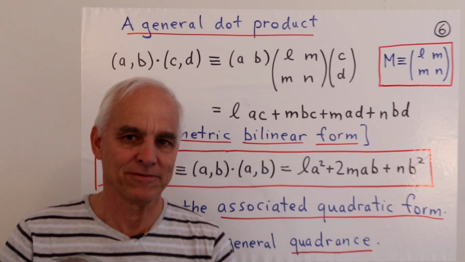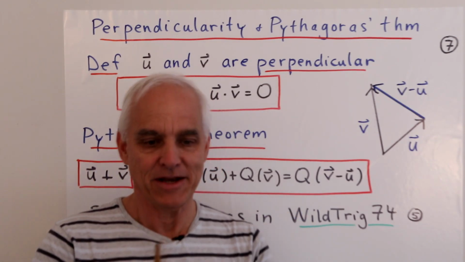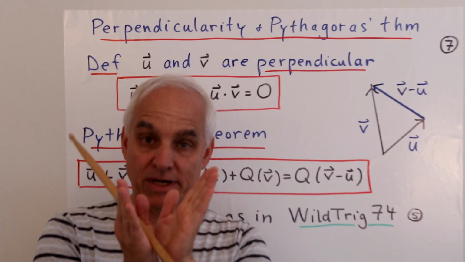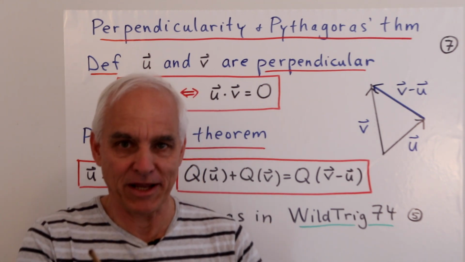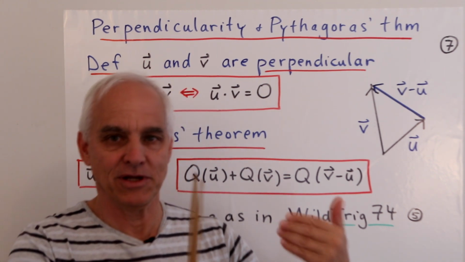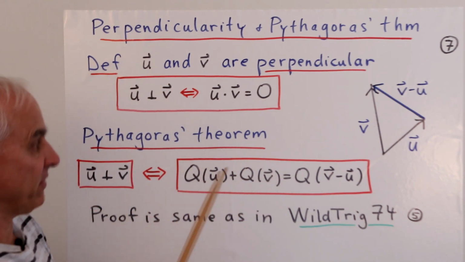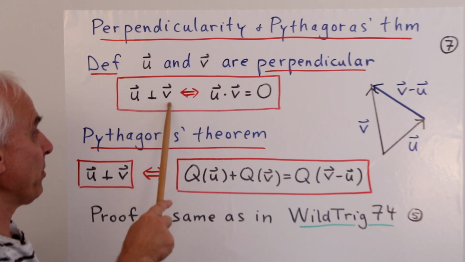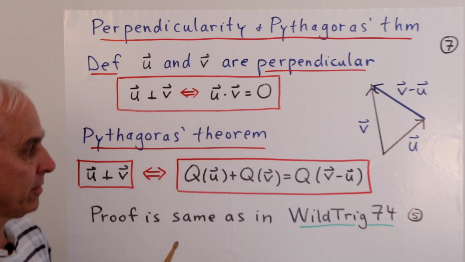Very powerful. Okay, so now carrying on with this new geometry, the natural thing to do is to introduce perpendicularity of vectors. Of course, this is a new kind of perpendicularity that's suited to the geometry that we've got. And the definition is the same definition as before, that u is perpendicular to v precisely when u dot v equals 0.